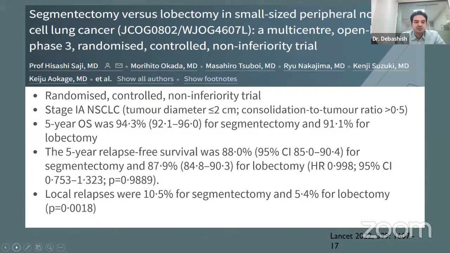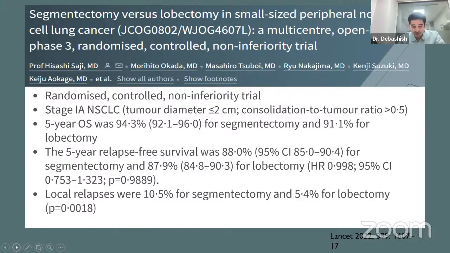So segmentectomy versus lobectomy in small peripheral non-small cell lung cancer, there was a multi-center open phase 3 randomized controlled non-inferiority trial for stage 1A non-small cell lung cancer, tumor size less than 2 centimeter.